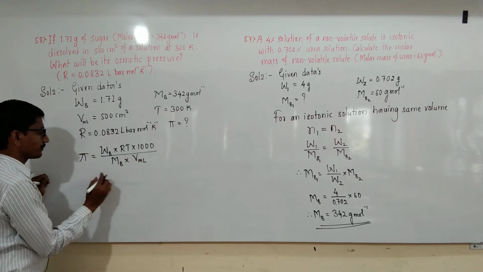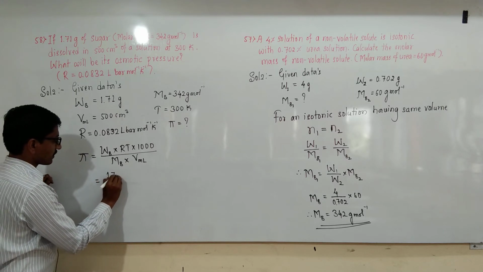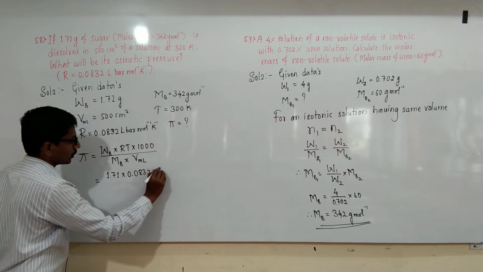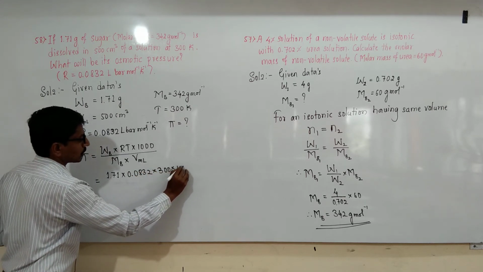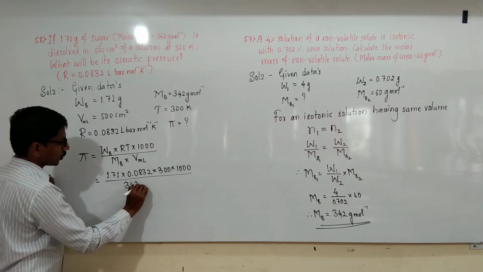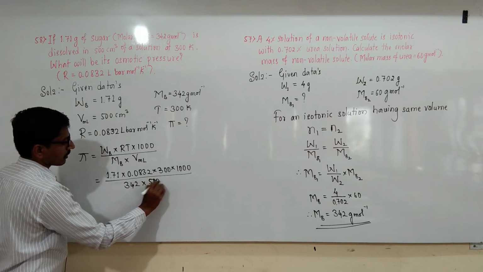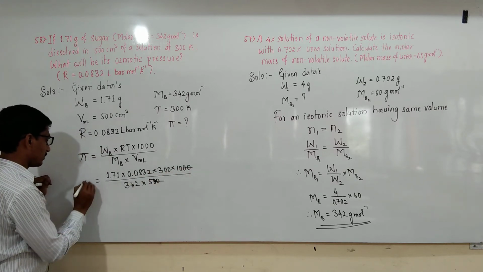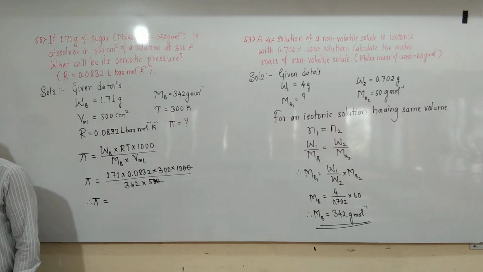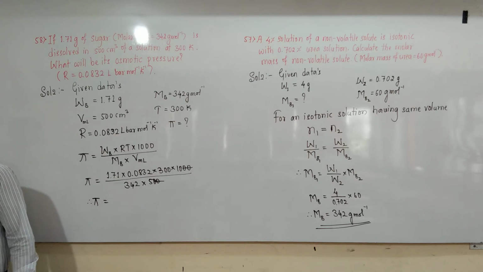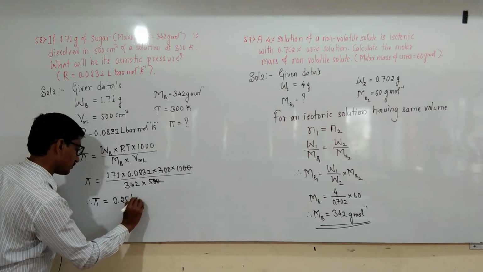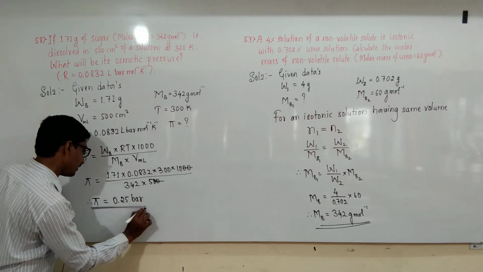Substituting the values, 1.71 into 0.0832 into 300 Kelvin into 1000 divided by MB is 342 into 500. Therefore, the osmotic pressure of this solution is 0.25 bar.